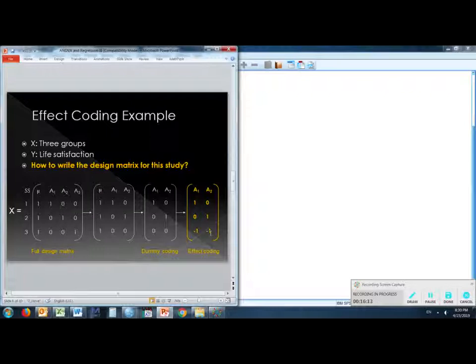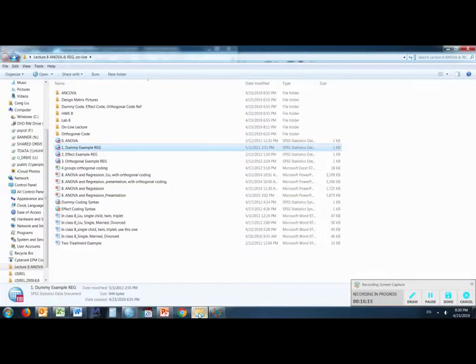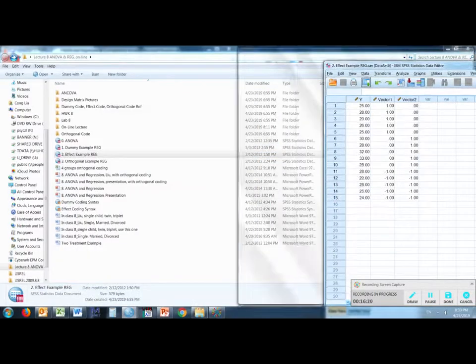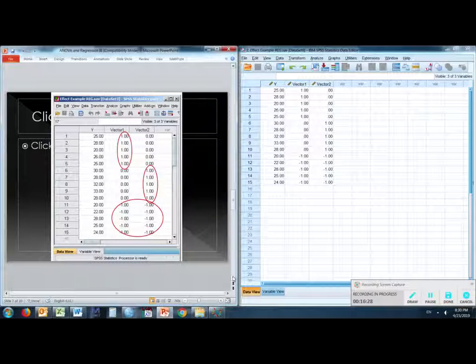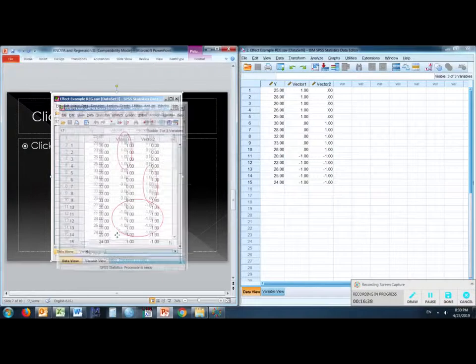Let me show you. Here's the SPSS. The only difference is that the group membership for the third group is changed. They were not 0 anymore, they were -1s.